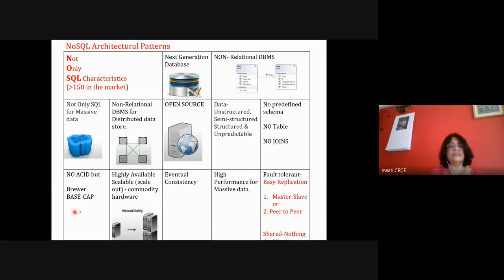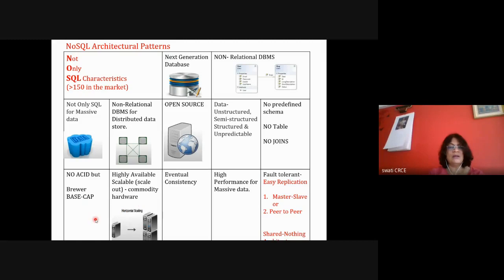cannot satisfy all three criteria. Whenever your data or your programs are distributed, it is impossible for any distributed system to satisfy all three factors: consistency, availability, and partition tolerance. It will follow any two of them. So the system is designed in such a way that it follows any two criteria.